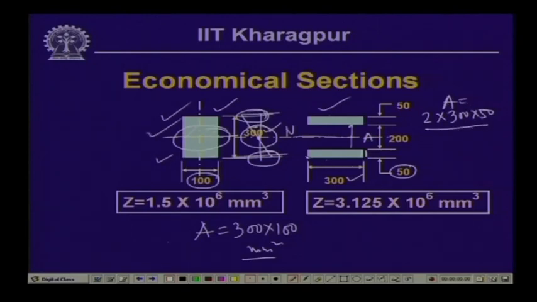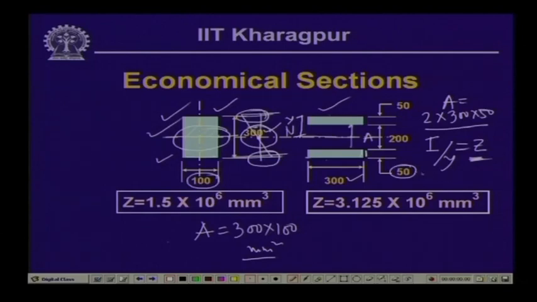Now, when we compute the moment of inertia I, and then consequently if we divide this I by the extreme distance, which is y, I by y, we call this quantity as z, which we generally define as the section modulus.